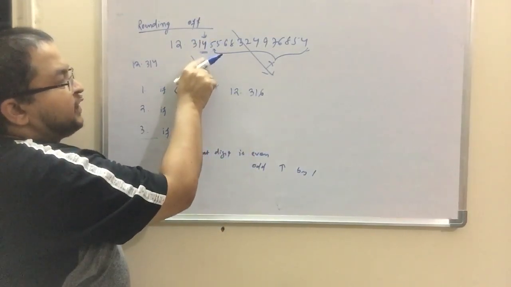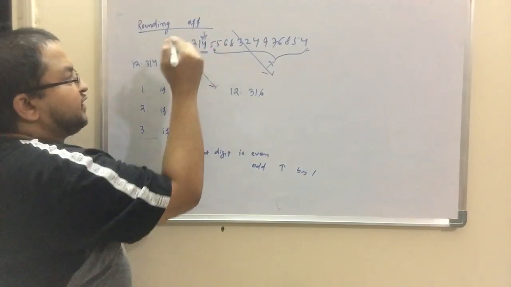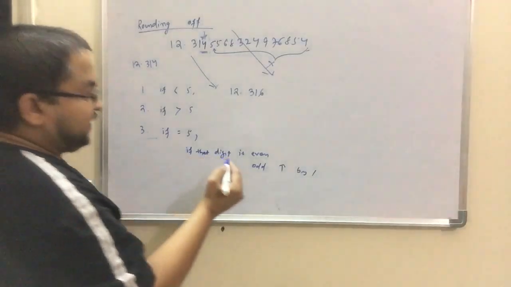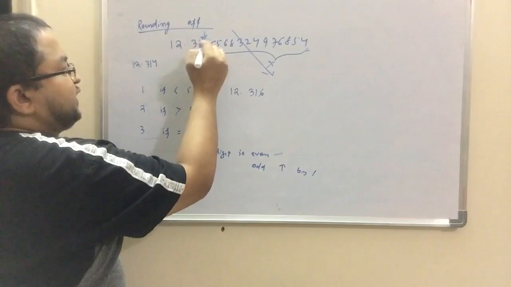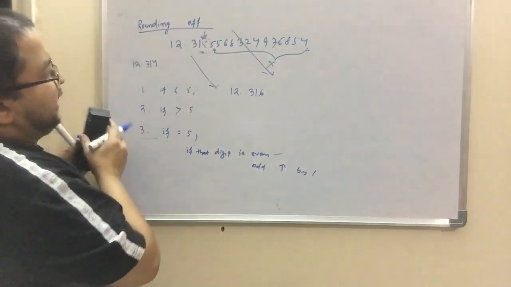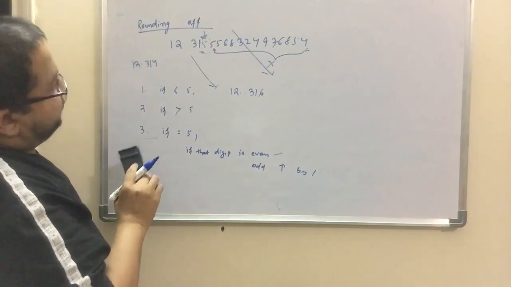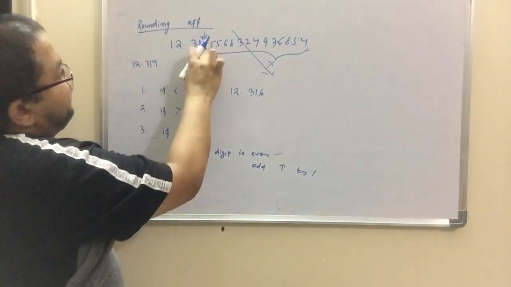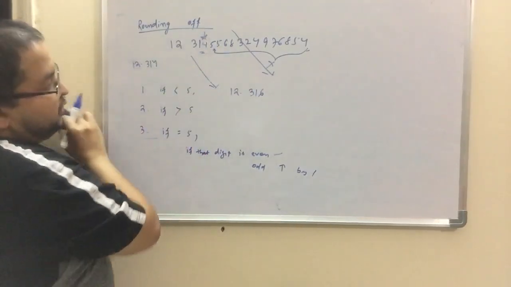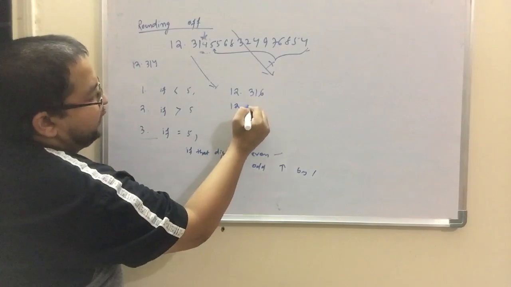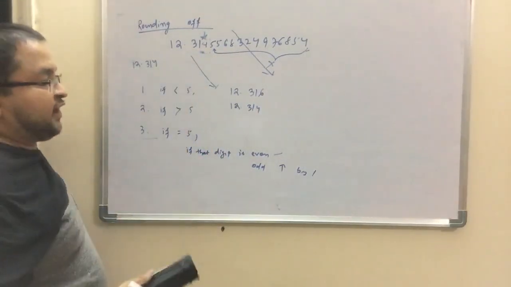I came back to the original digit, which is 4, an even number. When it is even, do nothing and just drop the last part. So the answer would be 12.314.